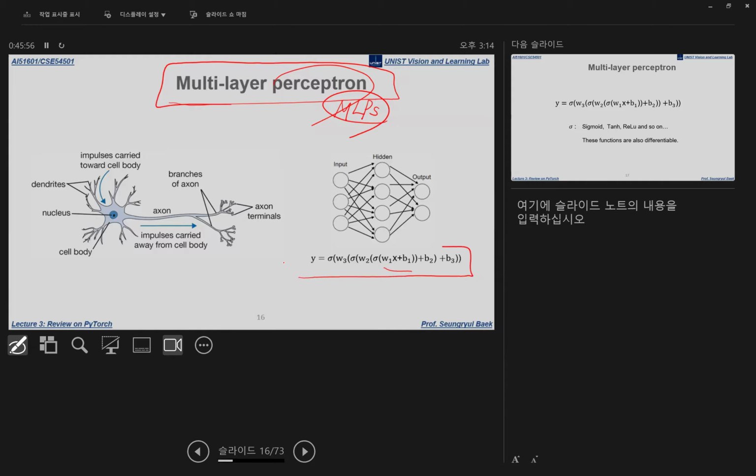So this is the form of the MLP. They first have a linear equation, then a nonlinear layer, then another linear layer, then a nonlinear layer again, and stack another linear layer and another nonlinear layer. Okay. Are you guys understanding this figure and this formula, right? So they stack multiple linear and nonlinear layers sequentially.